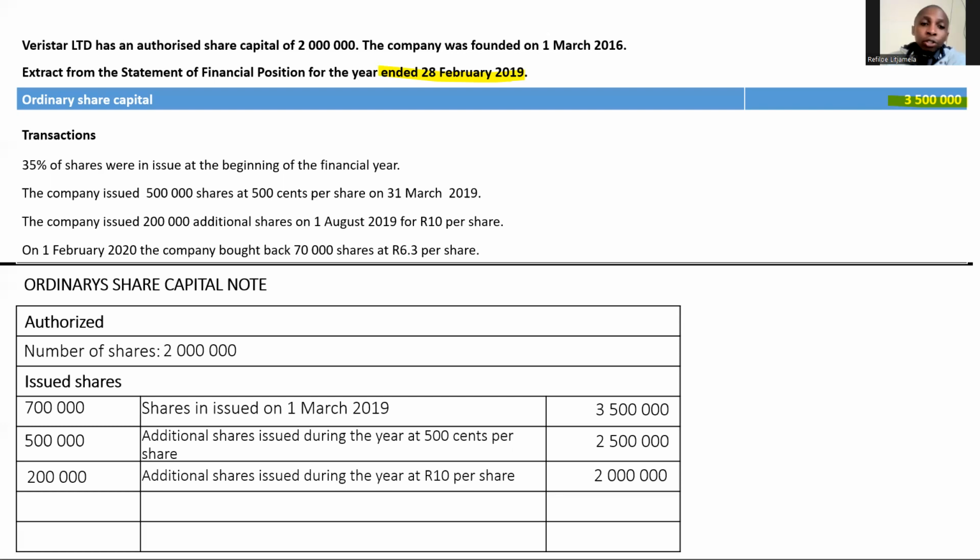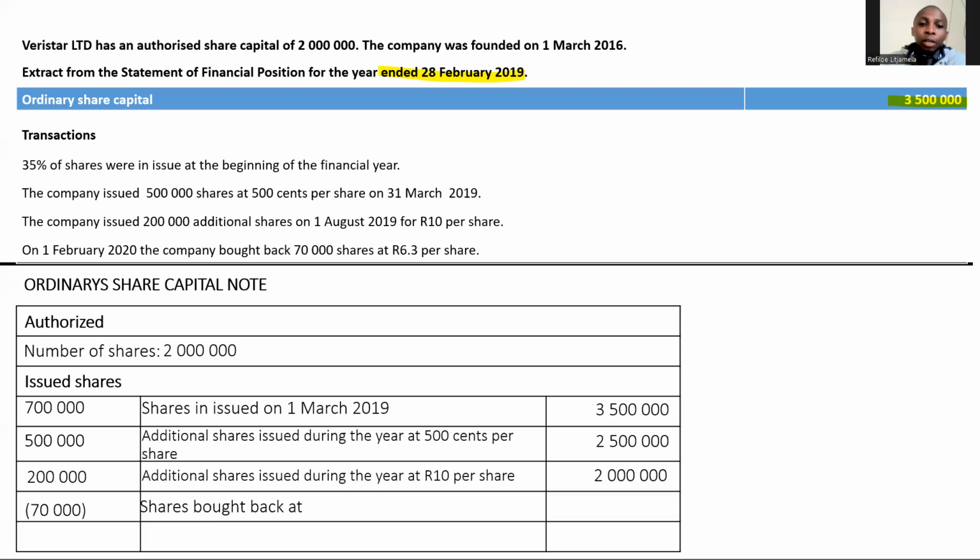So all I'm going to do is to put that 70,000 in brackets, and I will simply say these are the shares that were bought back at, but I can't complete the at until I have calculated the average price per share. For me to calculate the average price per share, I'm going to take this whole share capital divided by the number of shares that were issued before the buyback.